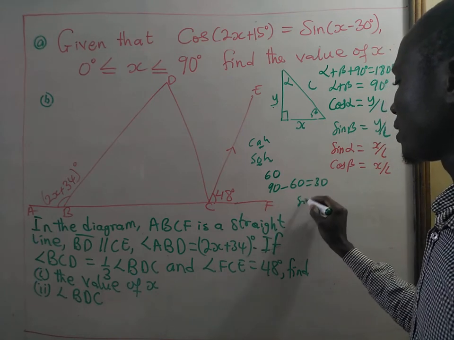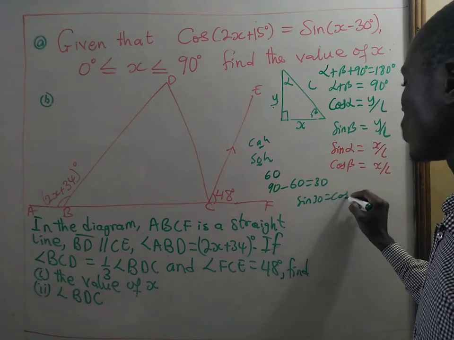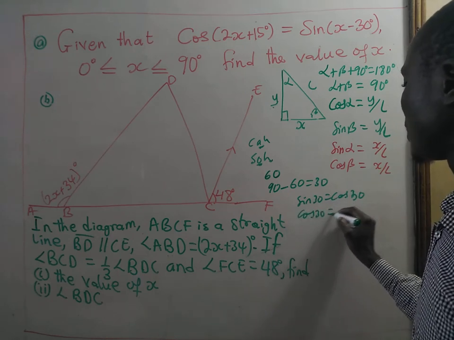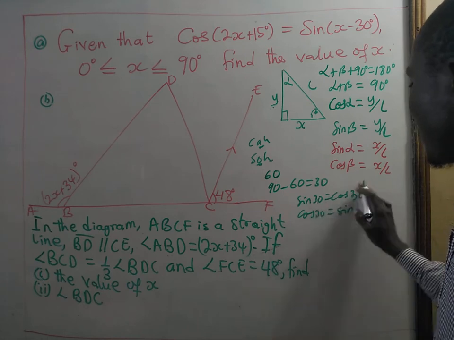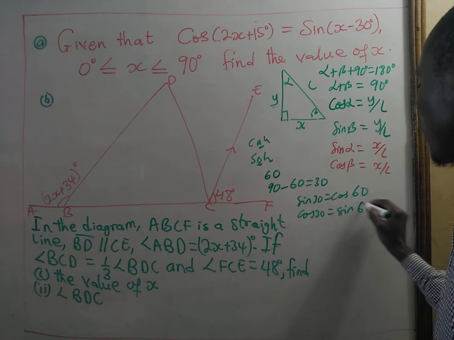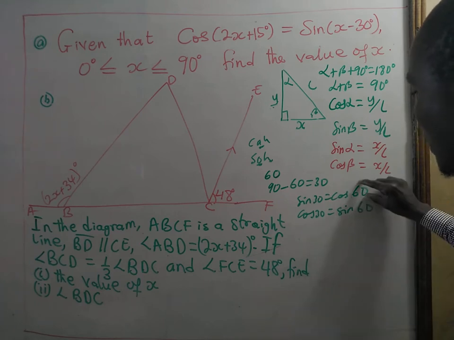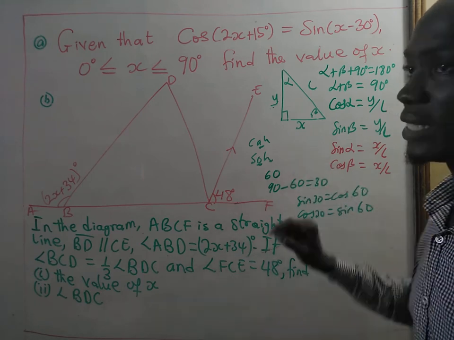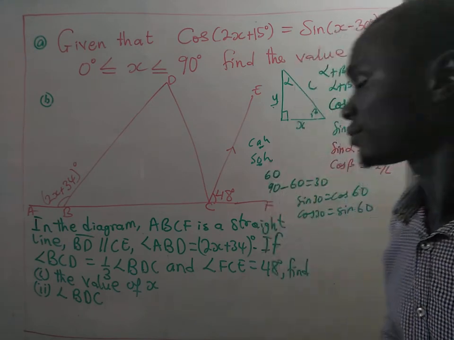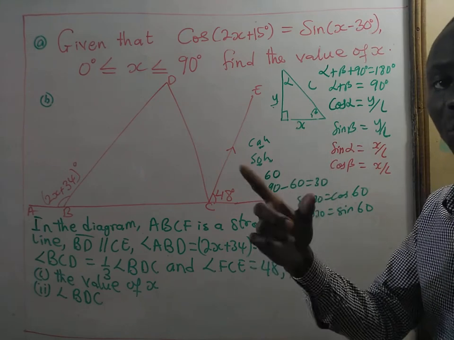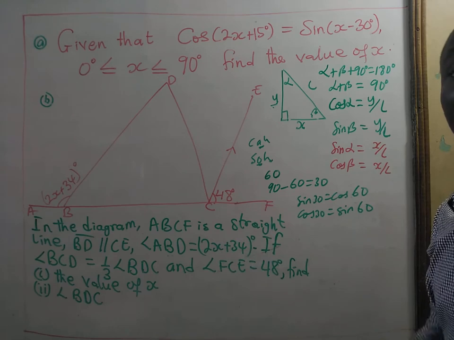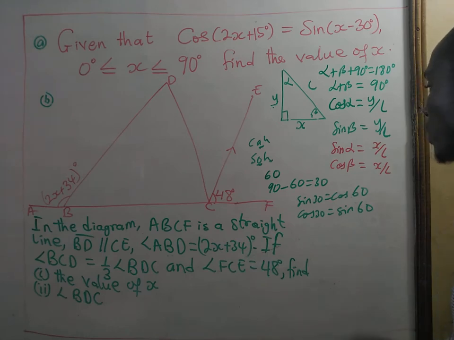So in this case, sine 30 is equal to cosine 60, and cosine 30 is equal to sine 60, because 60 plus 30 is equal to 90 degrees, or the two angles are complementary. Complementary angles are two angles that sum up to 90 degrees. That is great. So let's put this one here.